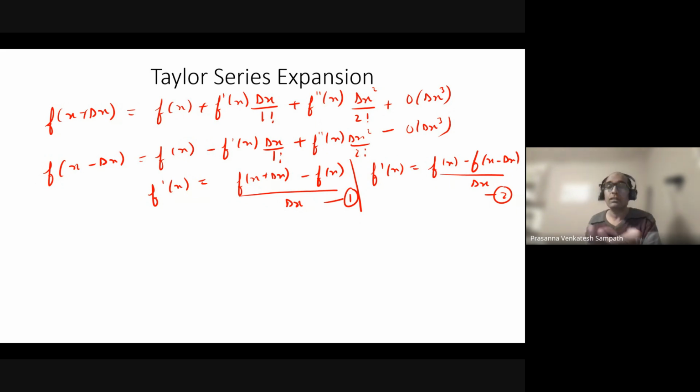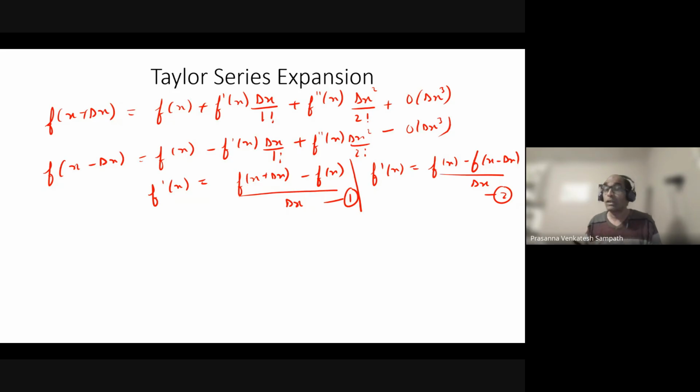So the first expression, equation 1, is the first derivative using the forward difference scheme, and the second equation is computing the first derivative using the backward difference scheme. Both of them are equally accurate in terms of the magnitude of the error.